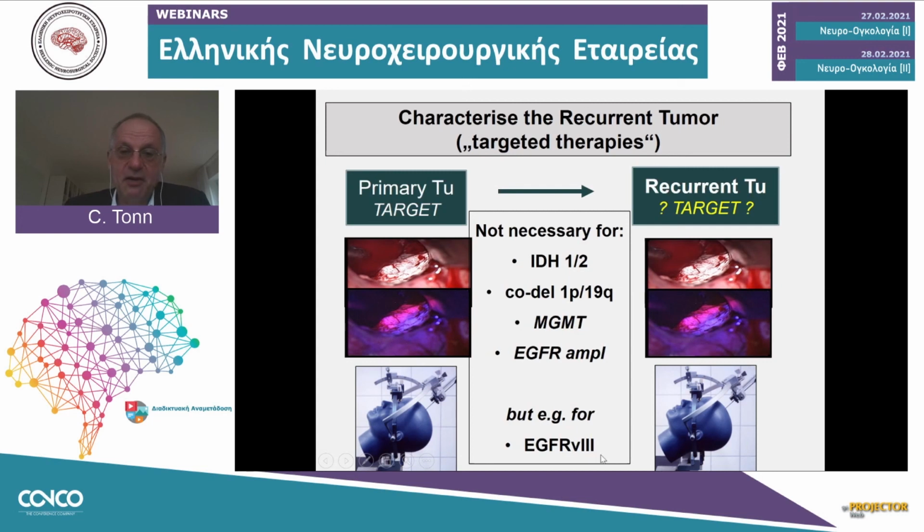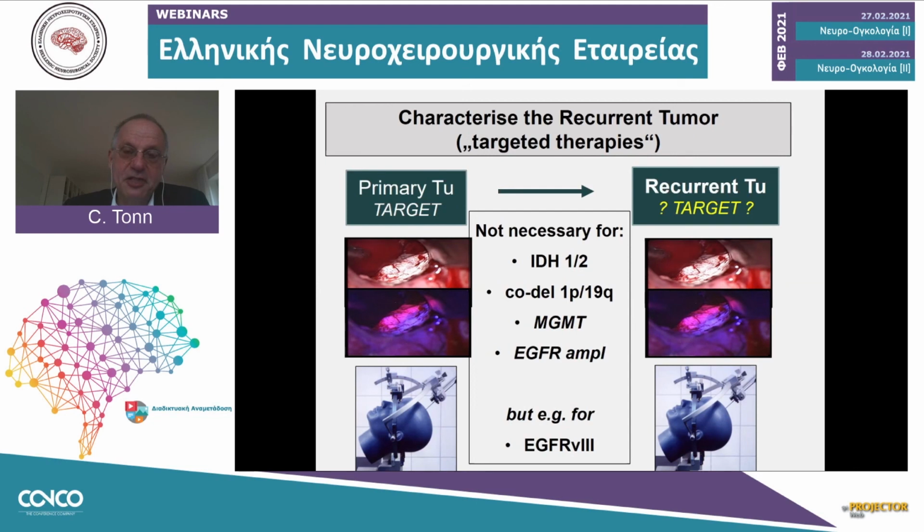And that was one of the major mistakes in earlier study concepts, where one large multicenter study did rindopepimut therapy for patients in the recurrent setting, relying on the data of the newly diagnosed tumor.